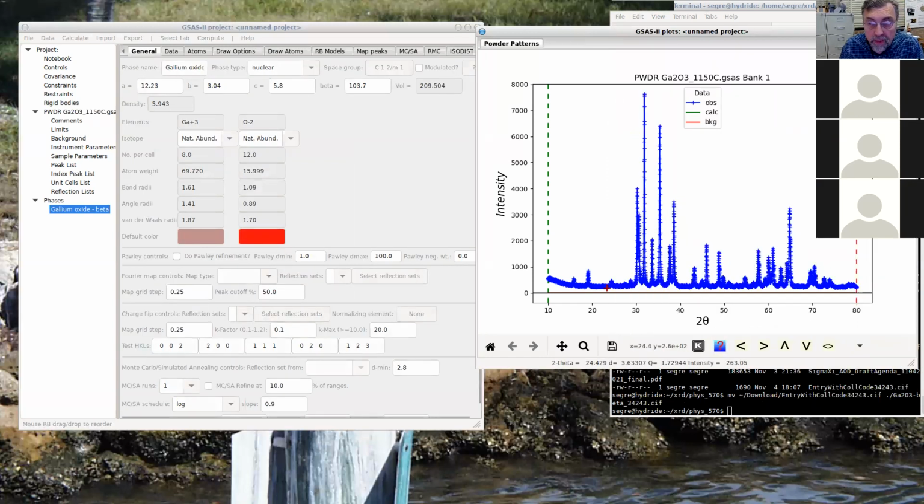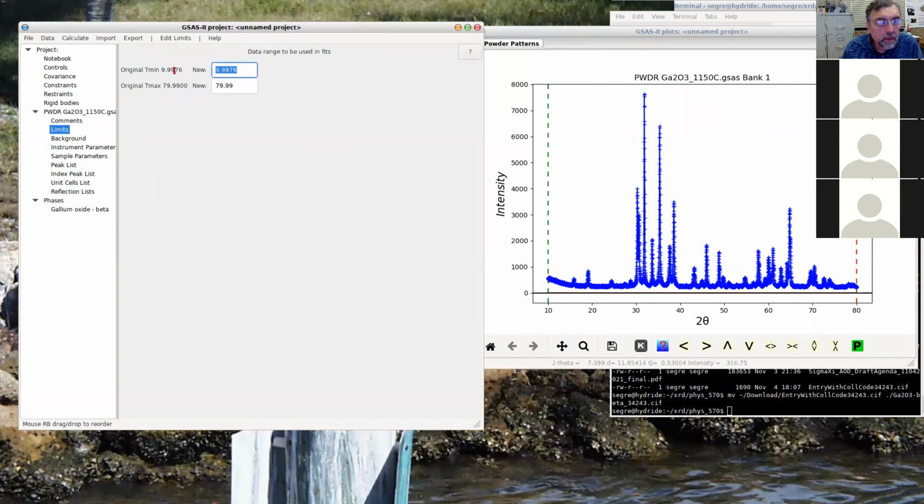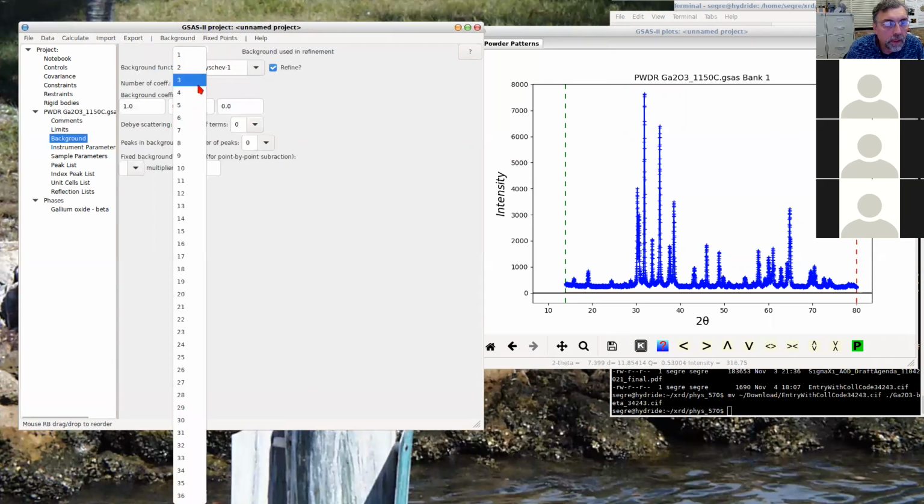So we do the same thing. Now I'm going to use probably 9 parameters for the background here. But I think I'm going to cut the background at 14. So the first thing I'm going to do is set this limit to 14. And then I'm going to change the background to 9.